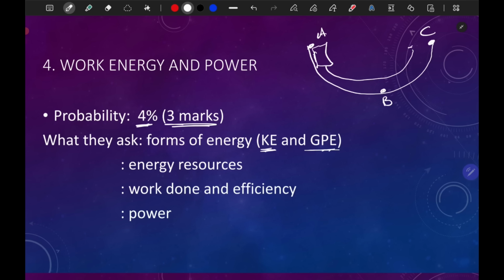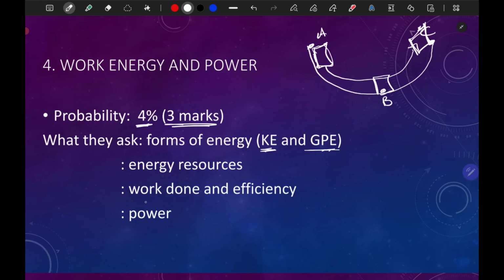And then they can ask you about the transfer of energy, maybe the energy up here and then at point B and then at point C. So make sure you can explain that well. It's usually about 3 marks. And the next one is energy resources. So there are different energy resources, like the sun, hydraulic energy, nuclear energy, geothermal energy. But this one I haven't seen much often.